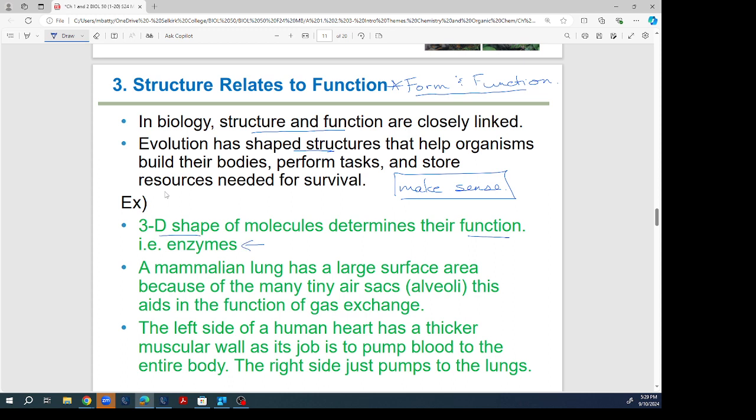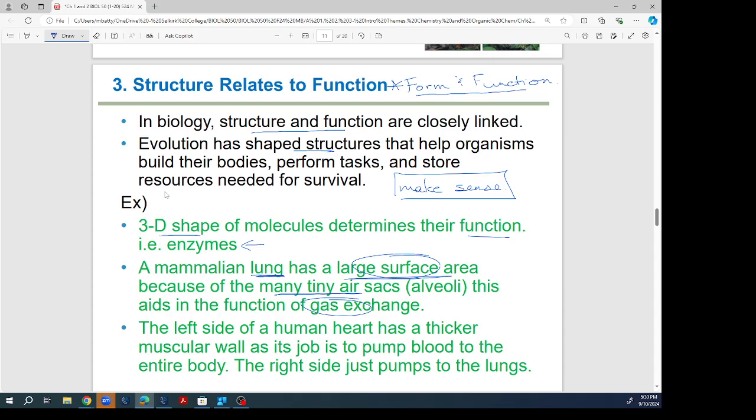We could talk about organs in us, like our lungs have a really large surface area because there's so many tiny air sacs, not just two giant balloons. And so that form is a large surface area, and the function would be to exchange oxygen and carbon dioxide. So it's made so that it does its job well. And that's what we're talking about with this theme of form and function, or structure relates to function.